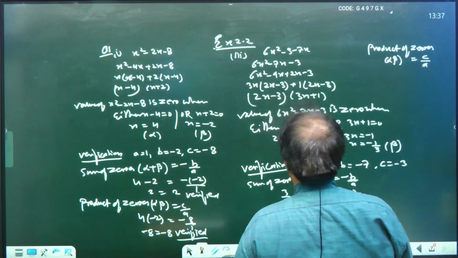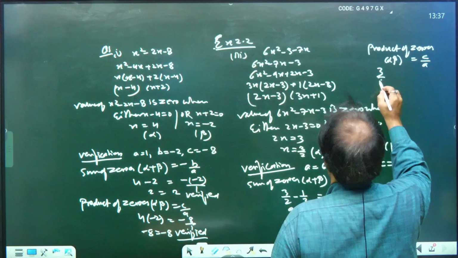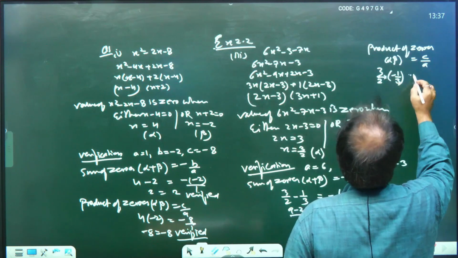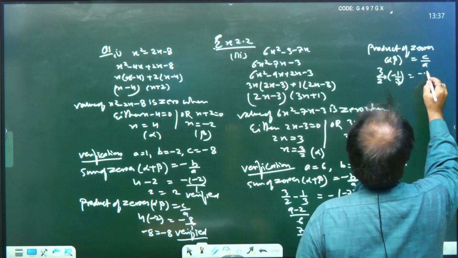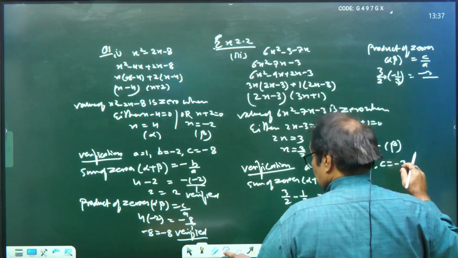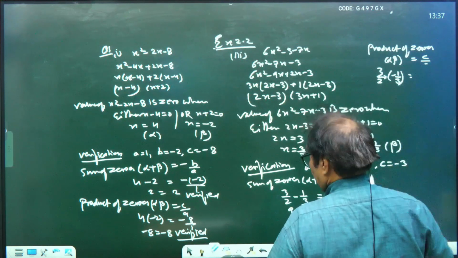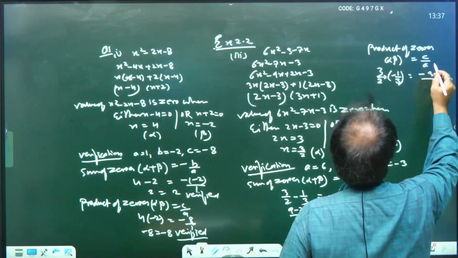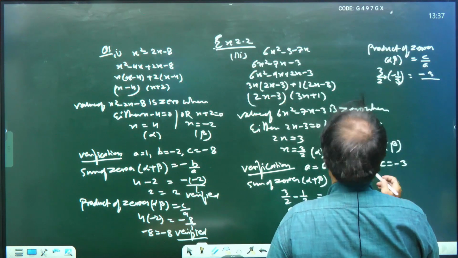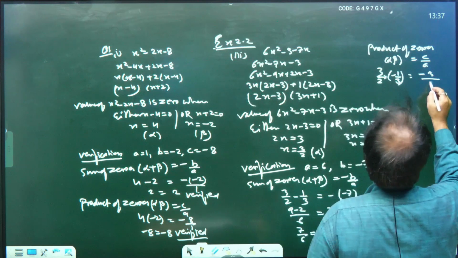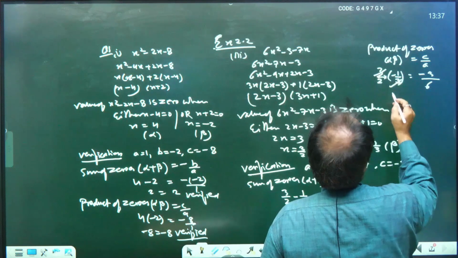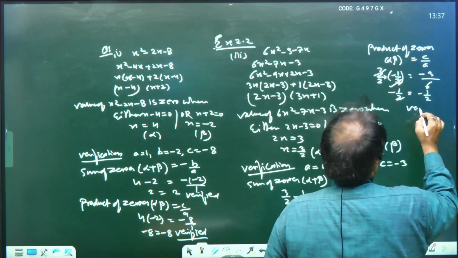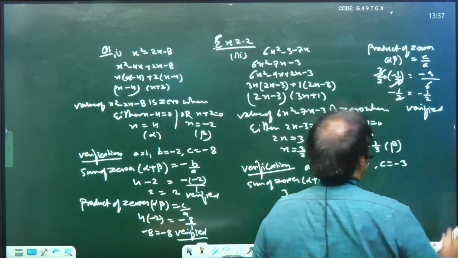The alpha is 3 by 2 and the beta is minus 1 by 3, is equal to, the constant value is minus 3, and what is a? a is 6. So here this 3 and 3 will cancel out. So minus 1 by 2, and this is also equal to minus 1 by 2. Hence it is verified.